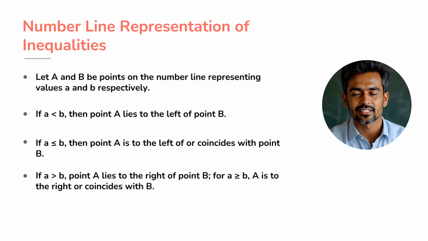Now let's visualize these inequalities on a number line. Let A and B be points on the number line representing values A and B respectively. If A is less than B, point A lies to the left of point B. If A is less than or equal to B, then point A is either to the left of B or exactly at the same place as B. If A is greater than B, then point A lies to the right of point B. And if A is greater than or equal to B, A is either to the right of B or at the same location.